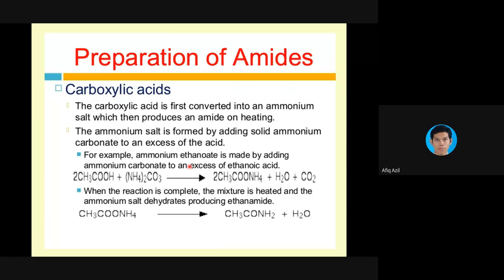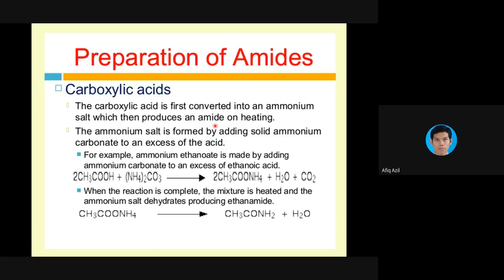And the last derivative of carboxylic acid is the preparation of amide. So amide comes when you have carboxylic acid being converted into an ammonium salt, which will then produce an amide upon heating.